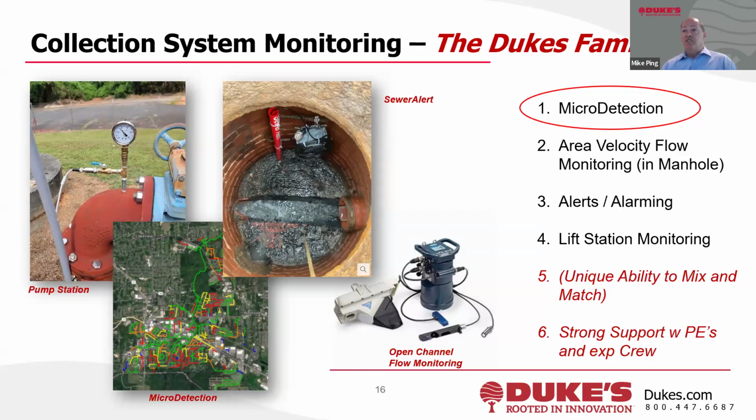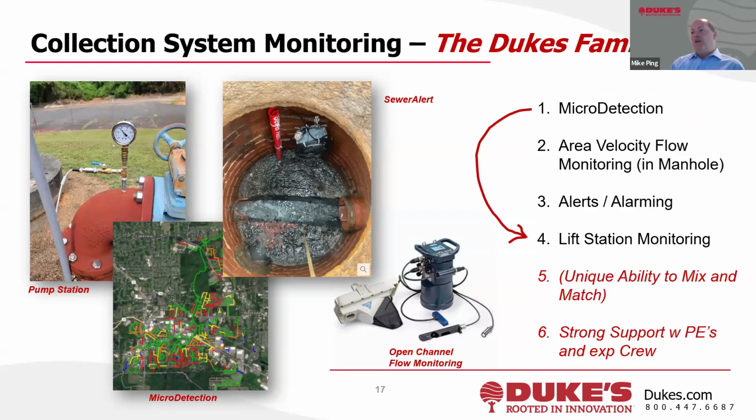Then there's the alerting system. We have one here, the middle right photo, Sewer Alert. You can see the red stick there. That's just a basic alerting system that's intended to be in place for long-term alerting. And then we touched on the lift station monitoring. And then a key piece for us is a very unique ability to mix and match these things as needed, right?